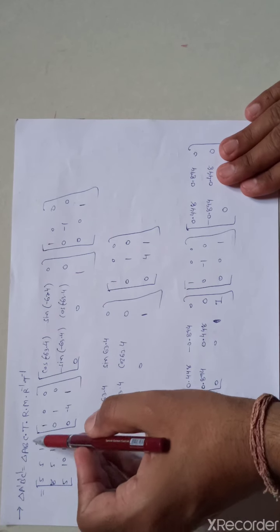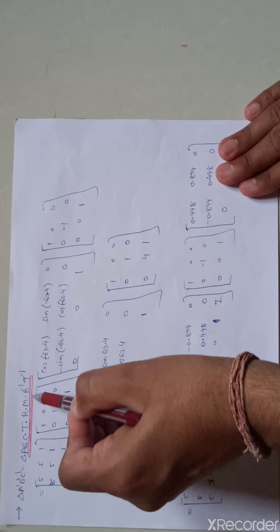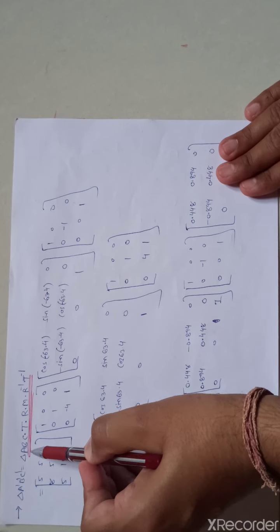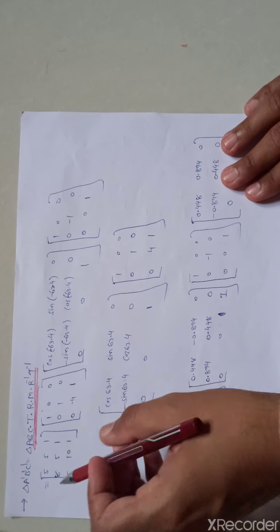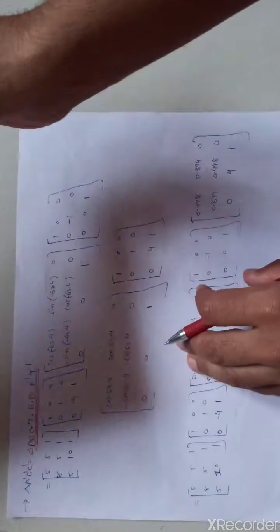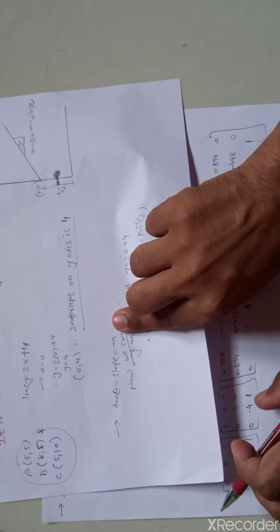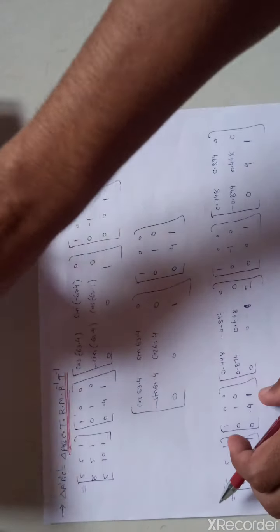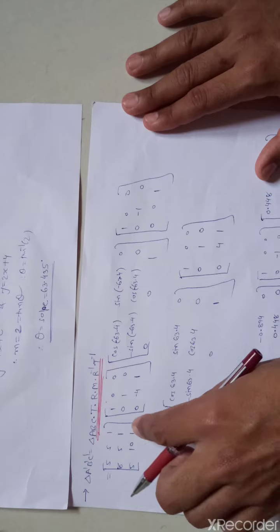Now we write down the basic equation to get the mirror about the line. So this is our basic equation. Now we simply put the data in this equation. We know the triangle coordinates are given, so we write 5 5 1, 8 5 1, 5 10 1, then translation.